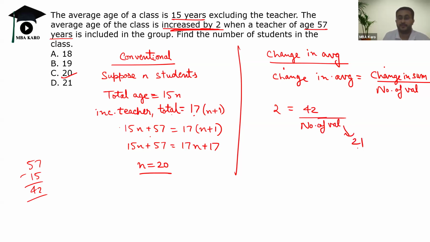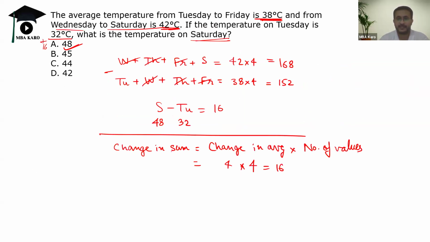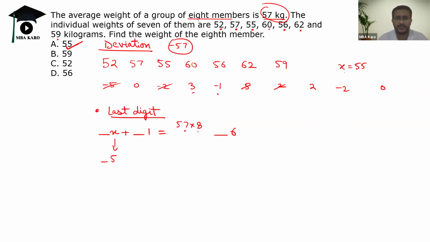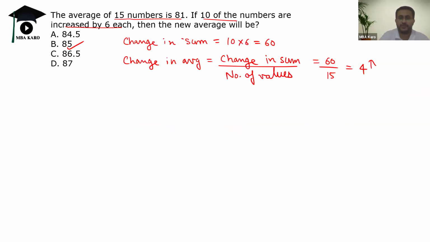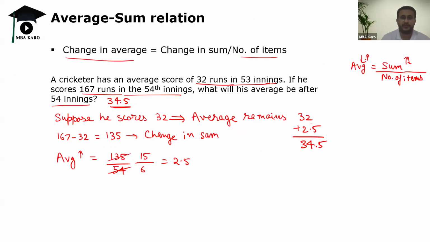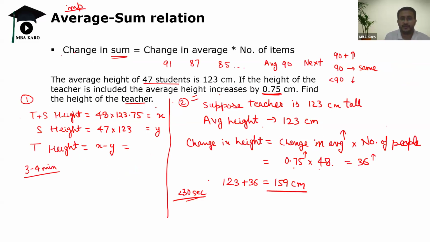Now 21, remember, whenever we did a question on number of values, that was the final number, isn't it? In one of the examples that we took, we took number of values as 54 because it was after the 54th innings. Here also, we took number of values as 21 because it is after including the teacher.